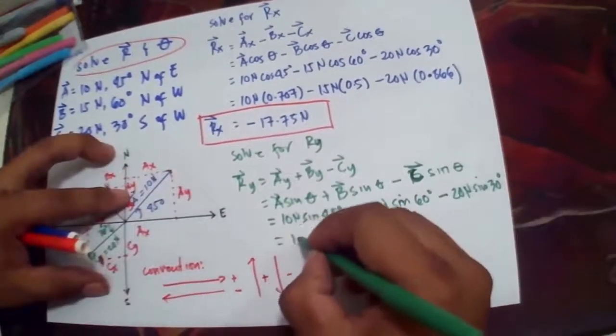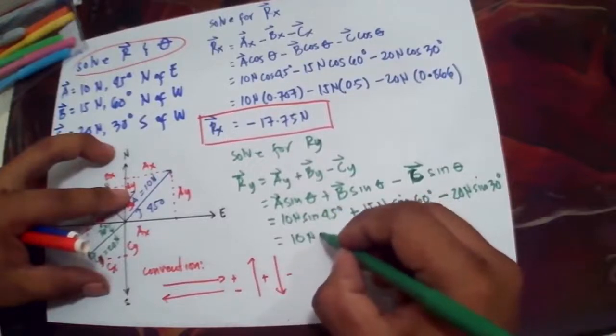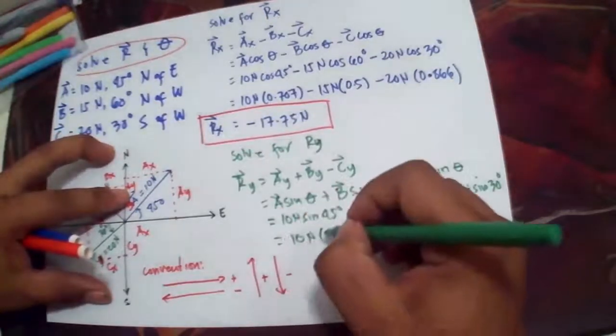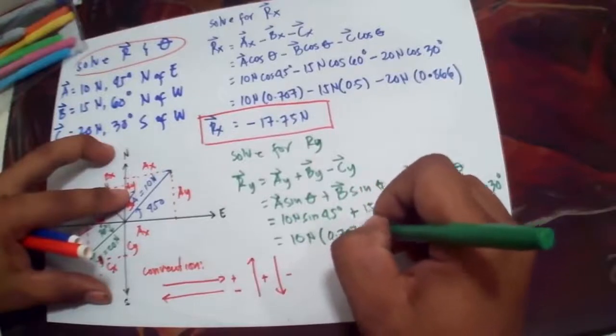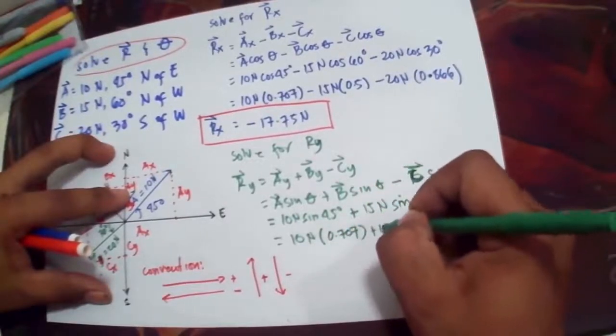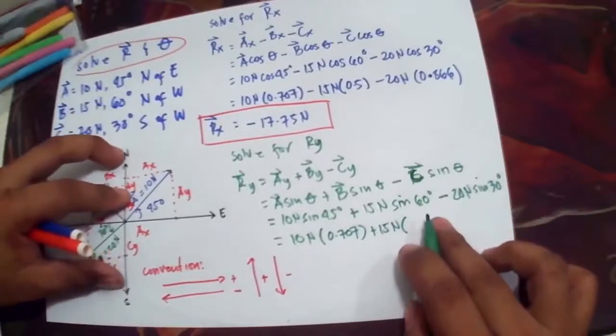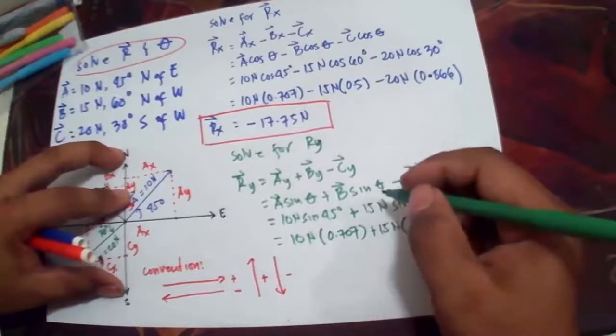Okay? 10 newtons times sine of 45 degrees, that's still the same as for the cosine function, will give you 0.707, plus 15 newtons times sine of 60 degrees will give you 0.866.